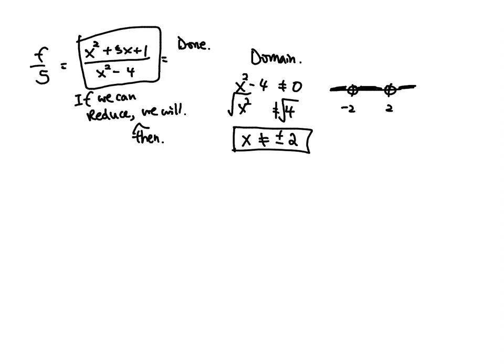So final answer, negative infinity to negative 2, union, negative 2 to 2, union, 2 to positive infinity. Negative 2 and 2 are our restrictions, so everything else is fair game. And that's why we have 3 different intervals.